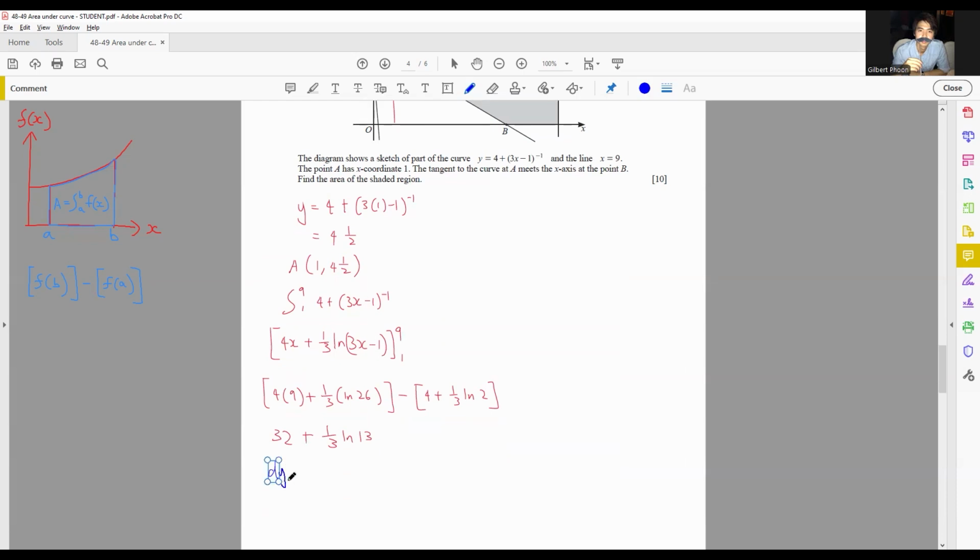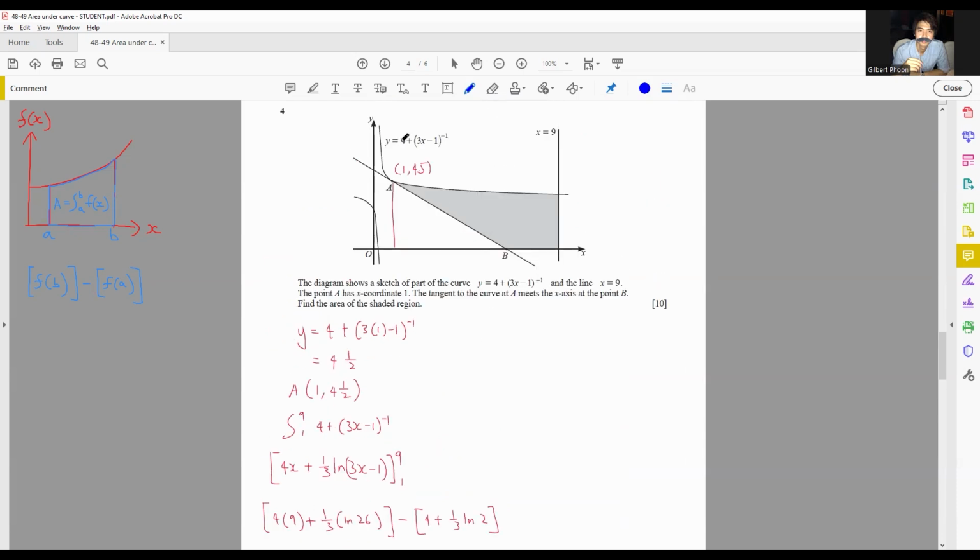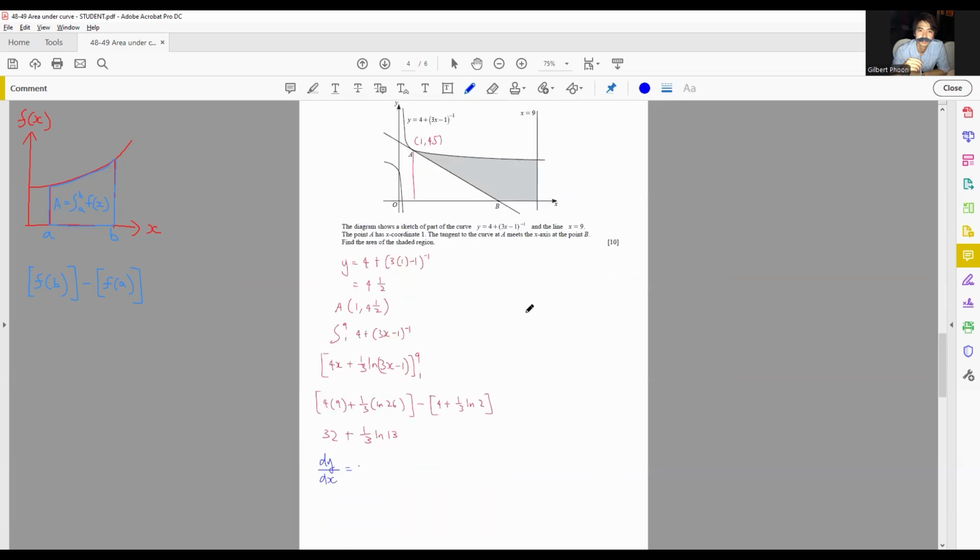dy/dx of this equation here, differentiate 4, you have nothing. Differentiate this, you have negative 1 times 3x minus 1 to the power of negative 2. Then differentiate the inside using chain rule. Finally, you would have gotten negative 3 over 3x minus 1 squared.